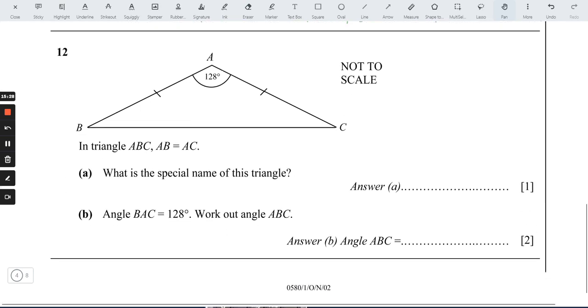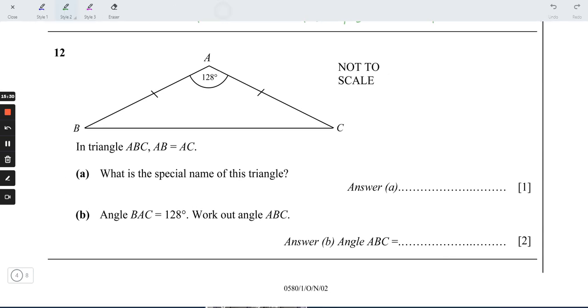Question number 12 here, we have a triangle, and in this triangle we have a known angle, which is 128. In triangle ABC, AB is equal to AC. This note is important. These small dashes here mean AB is equal to AC. That means here we have an isosceles triangle.